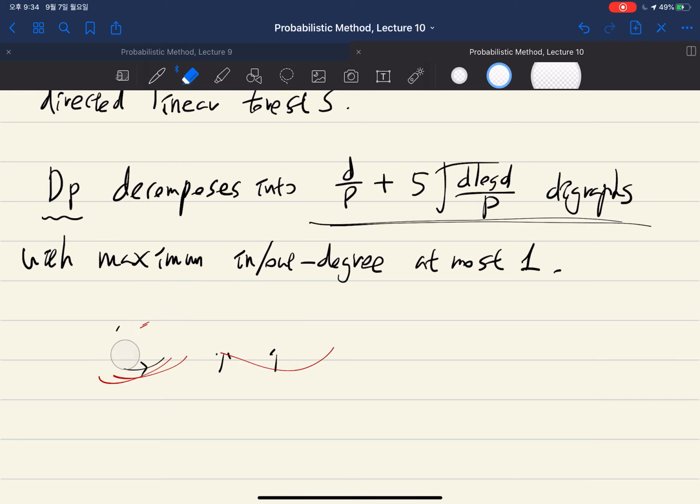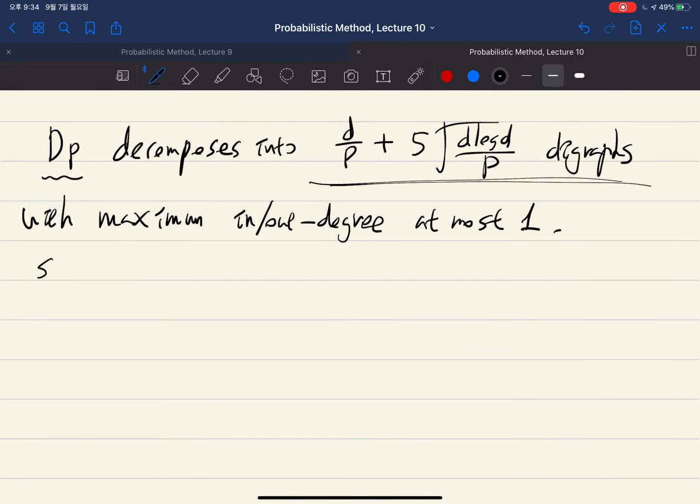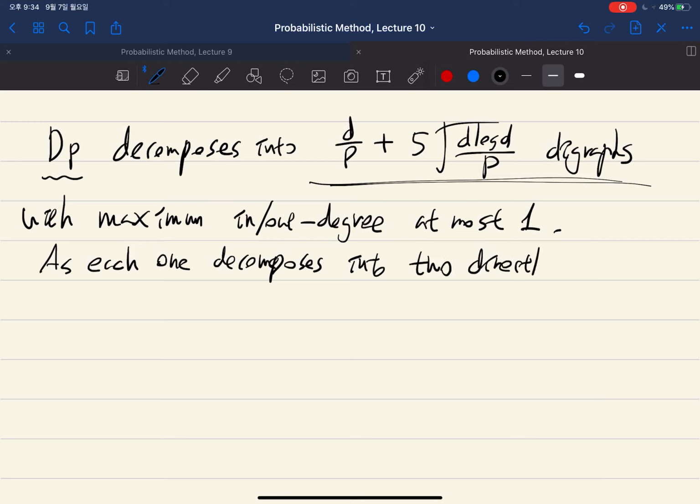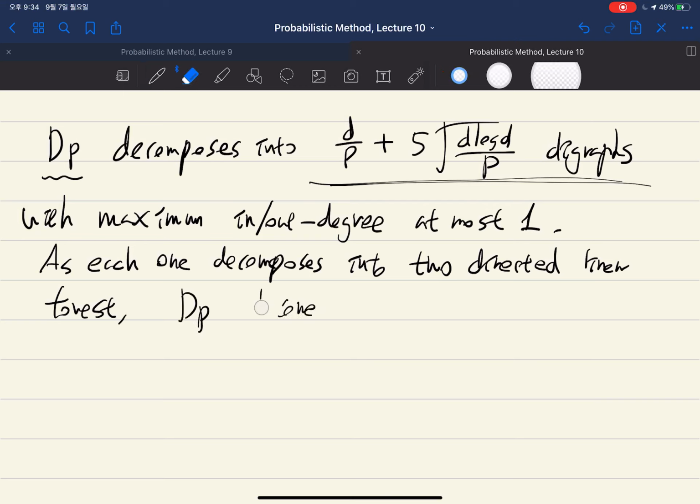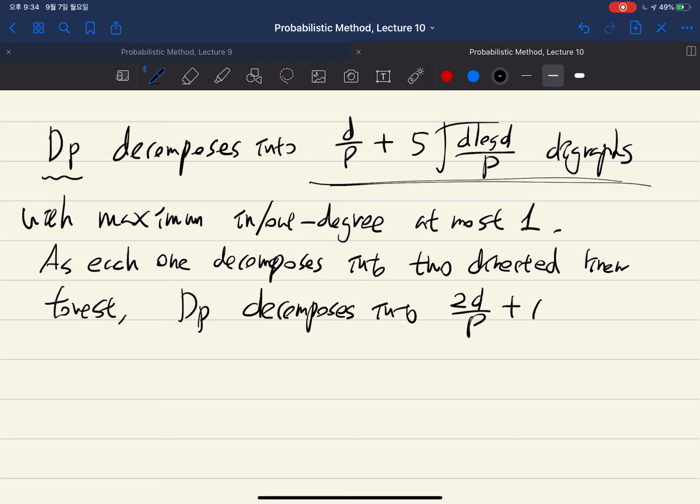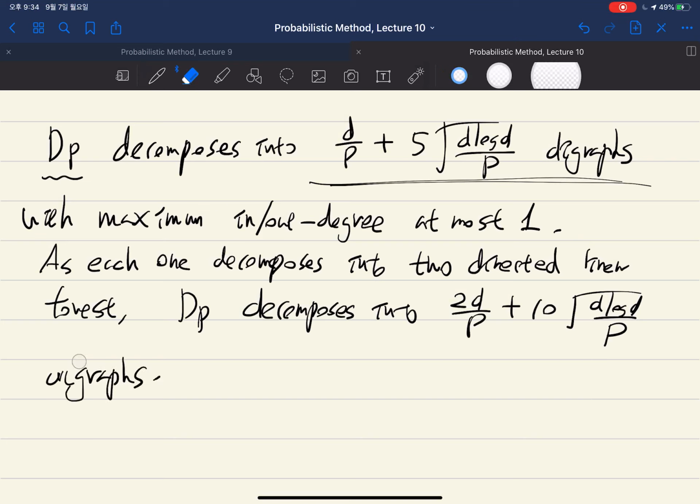So each one of them decomposes into 2 directed linear forests. So Dp actually decomposes into 2 times d over p plus 10 square root of d log d over p directed linear forests.